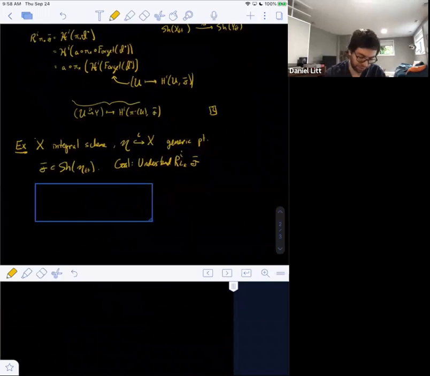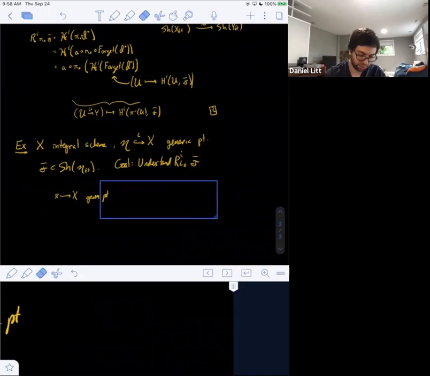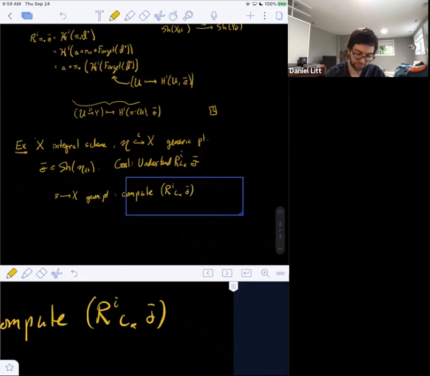So let's suppose that x bar to x is a geometric point. So let's compute Ri iota lower star of F and the stalk at x bar. Can anyone help me do this?